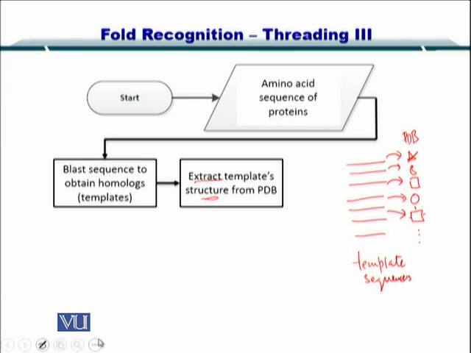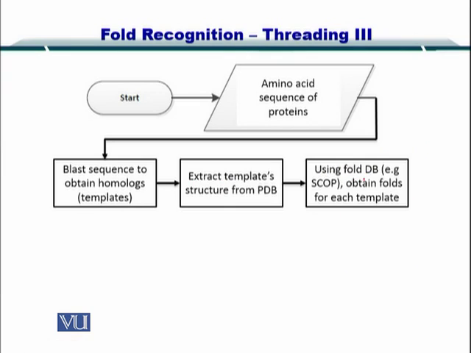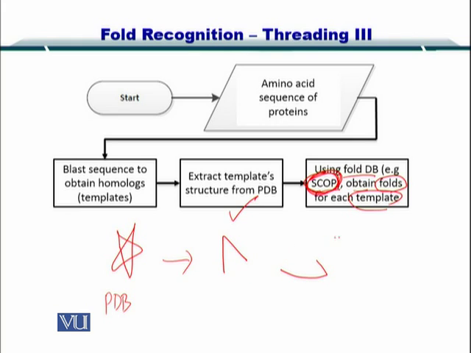After this, you go to the fold database such as SCOP to obtain the folds for each template. So let's say you had this structure for a protein and you obtained its PDB in this step, then you go to the SCOP database and you obtain the various folds that combine to give you this complete structure.